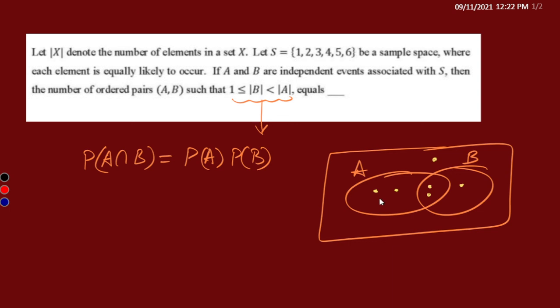Now, when you look at probability of A intersection B, this is basically 2 by 6. When you look at probability of A, that is basically 4 upon 6. And when you look at probability of B, then it is 3 upon 6. Can you see whether they are both the same or not?